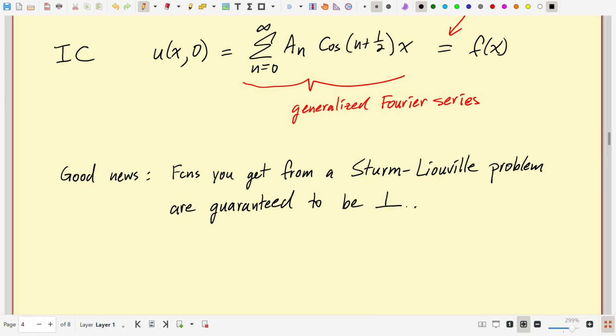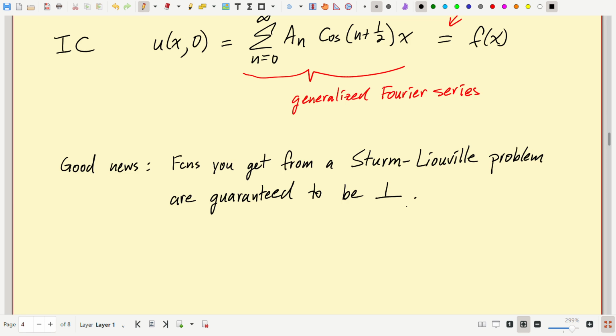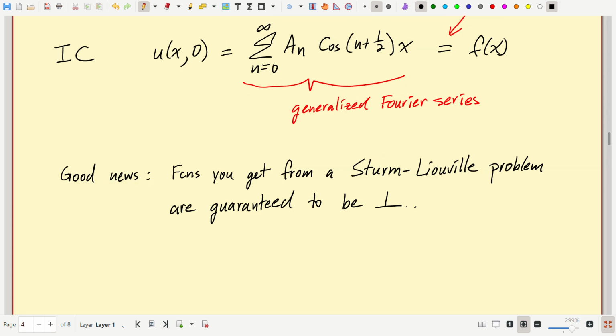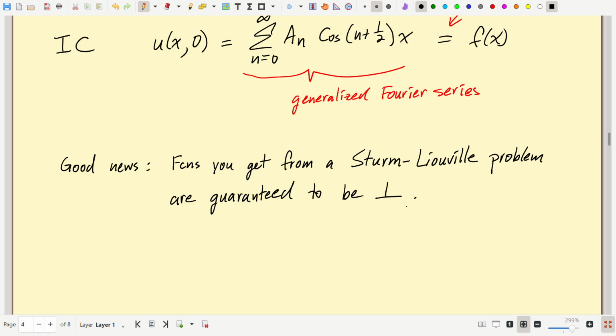And so you get a Fourier series idea. I can multiply, and that determines those coefficients. Those cosine functions, even though it doesn't look like I have enough, are orthogonal.